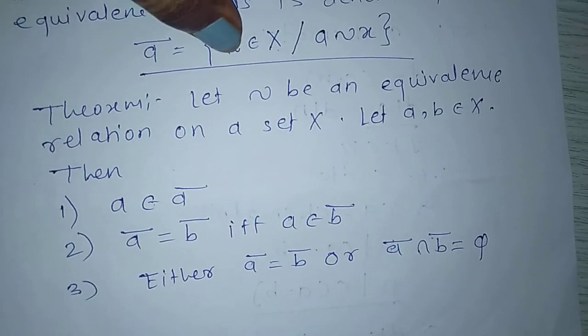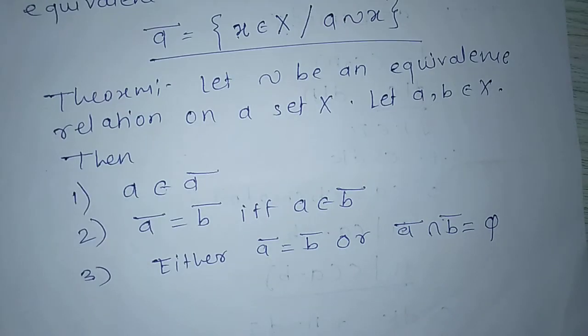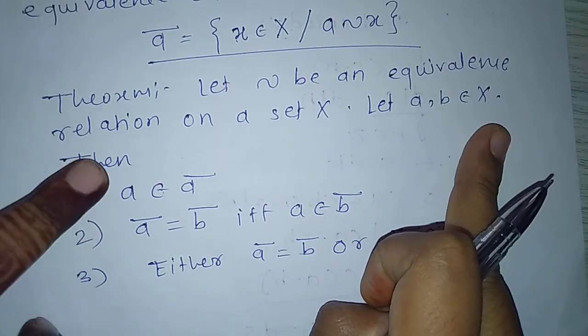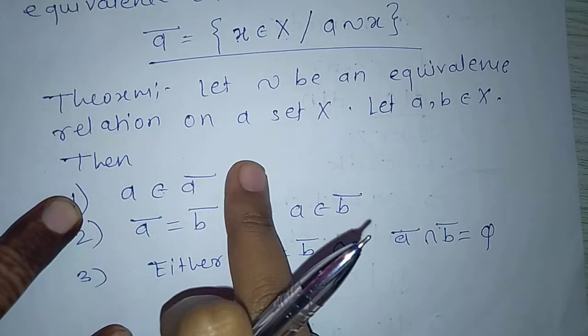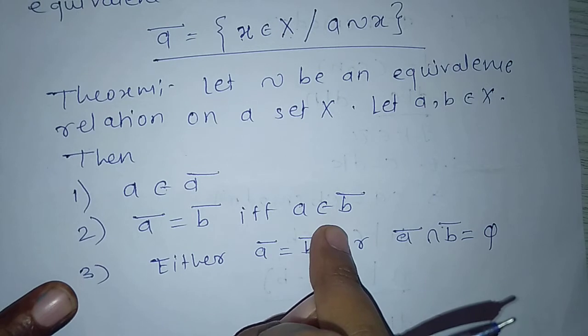The statement of the theorem is: let tilde be an equivalence relation. Equivalence relation means tilde satisfies three properties: reflexive, symmetric, transitive on a set X. Let a, b belong to X, then first a belongs to a bar, second a bar equals b bar if and only if a belongs to b bar.